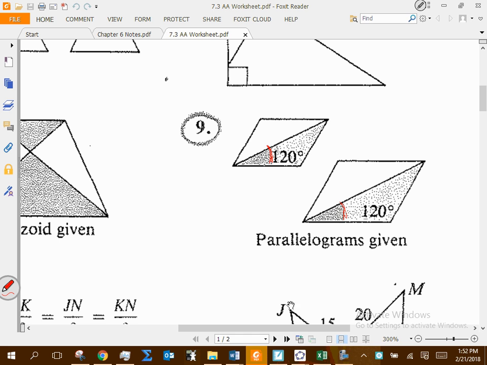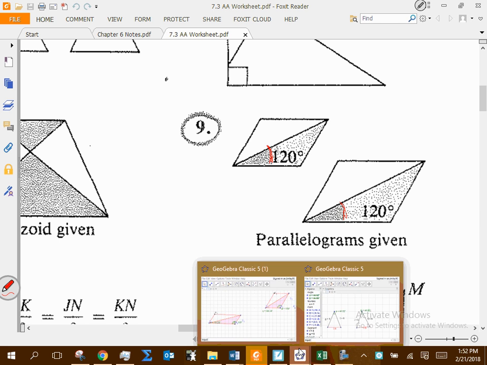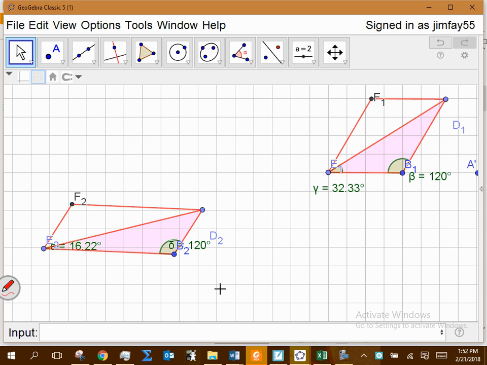But I think what they're trying to get at is the idea that if I have two parallelograms that share the same angle measurements, so 120, that's going to be 60 over here and 60 over here, it does not mean that the triangles created by the diagonals are automatically similar. And that's what we're seeing here with these two pictures.